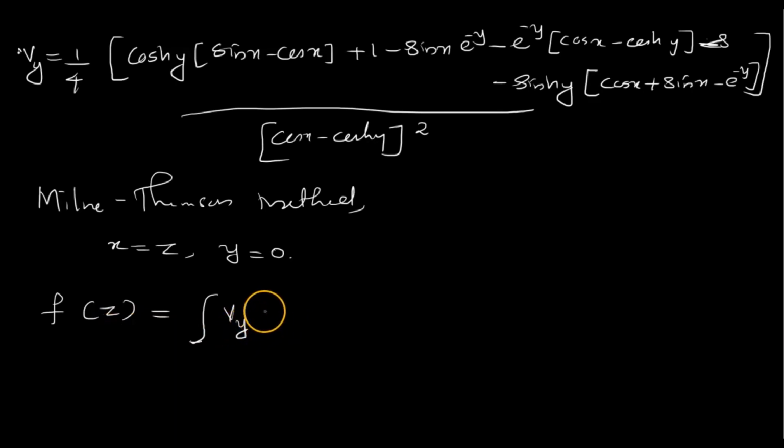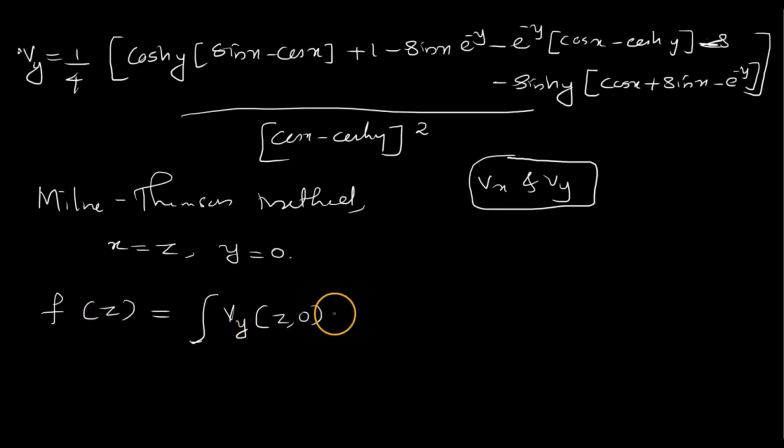Remember this equation: if we have v with us, we have only Vx and Vy, then we can use the equation f of z is equal to the integral of Vy of z0 plus i into Vx of z0 dz.